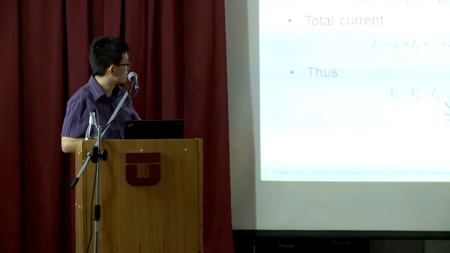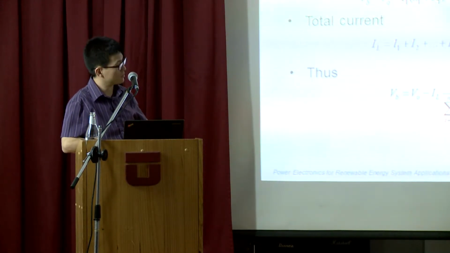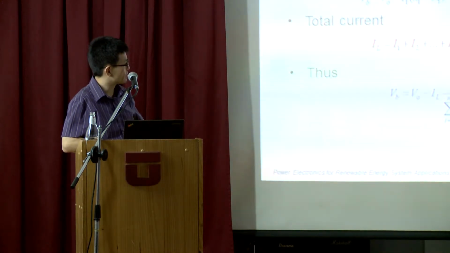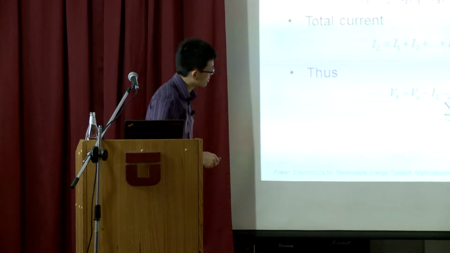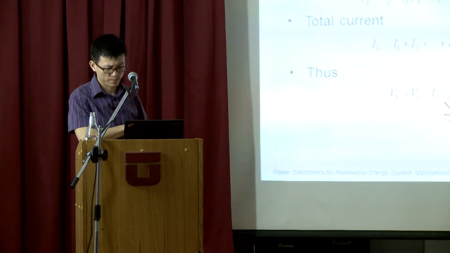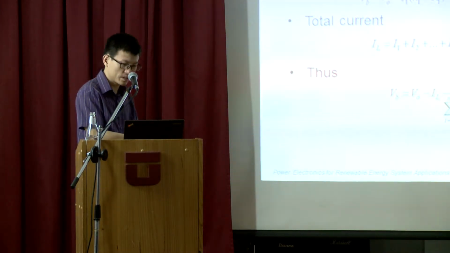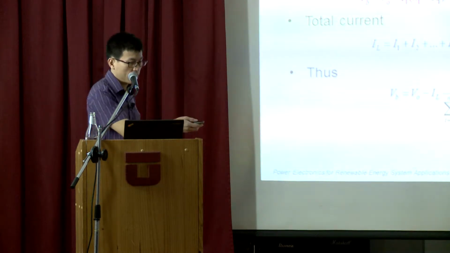So the bus voltage and bus current are in this kind of form. Essentially, you find that the global droop gain is 1 over the sum of all the droop gains added together. This is the global droop gain for the local voltage feedback current mode and voltage mode systems.